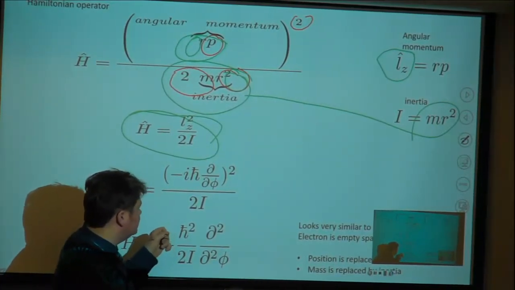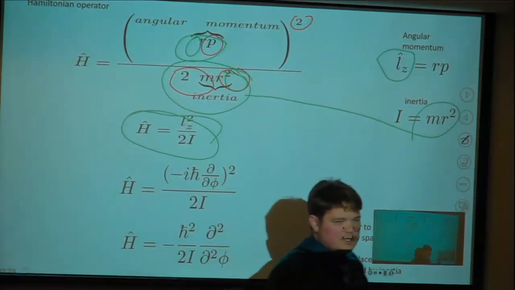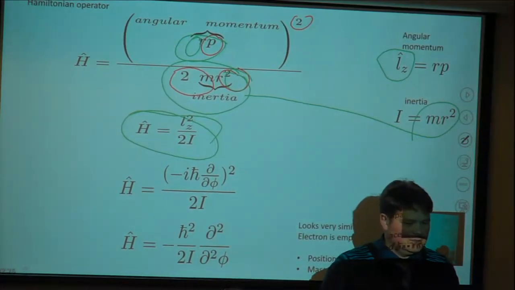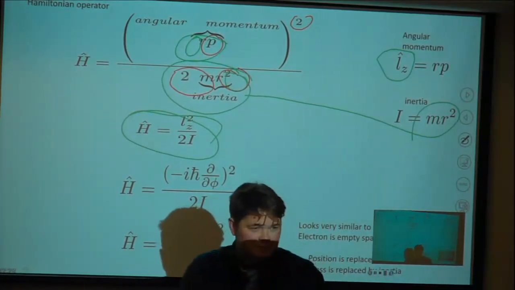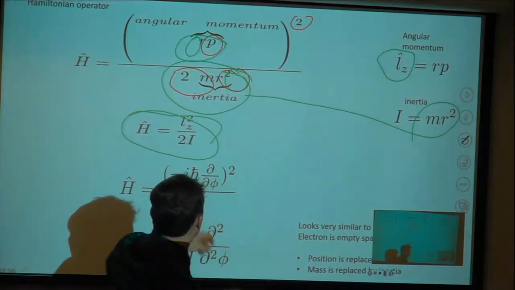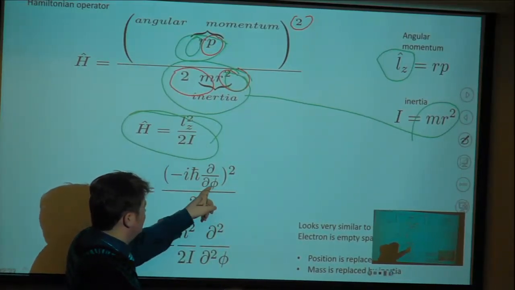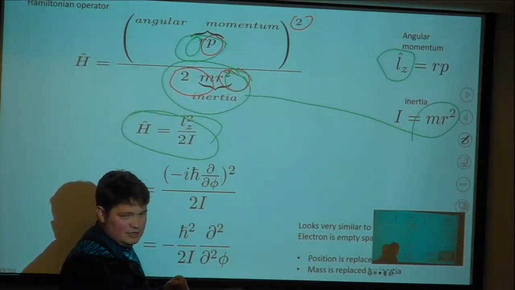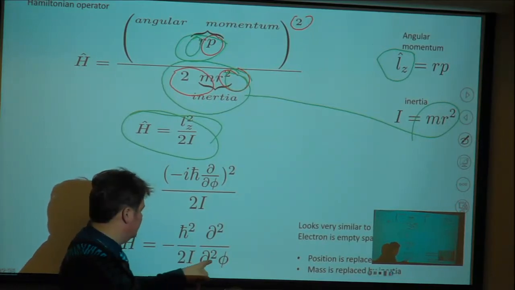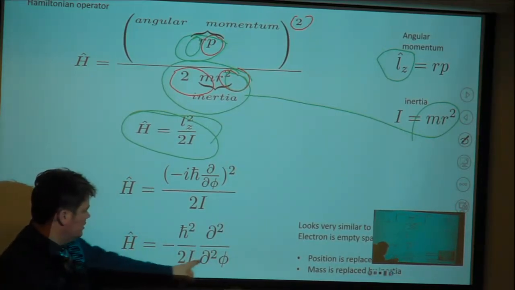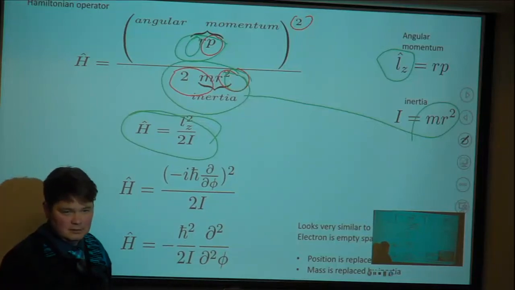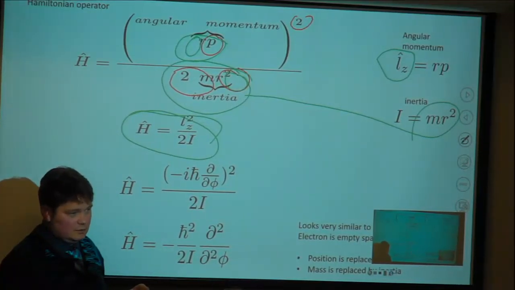And we may want to recall that we are in the course that exposes us to quantum theory. Therefore, we replace this Lz by this differential operator, take square, and have the Hamiltonian as a second derivative over the angle.